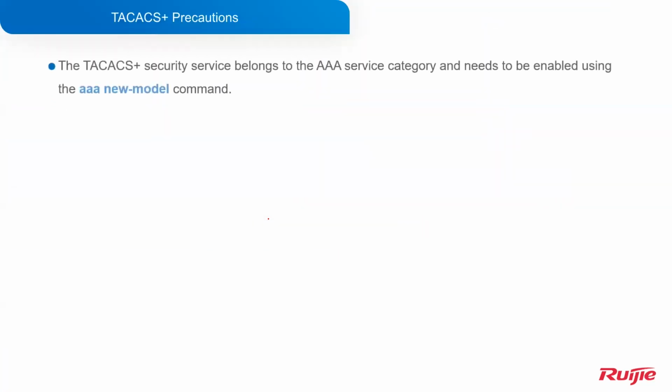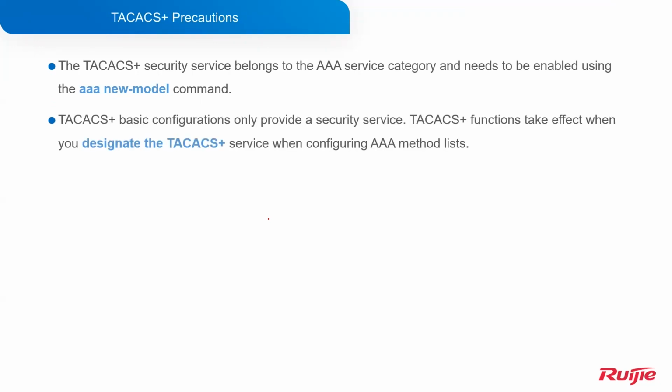Okay, and about Tacacs+, here are some precautions you should know. The Tacacs+ secure service belongs to the AAA service category and needs to be enabled using the aaa new-model command. Tacacs+ basic configurations only provide a security service. Tacacs+ functions take effect when you designate the Tacacs+ service when configuring AAA method lists.